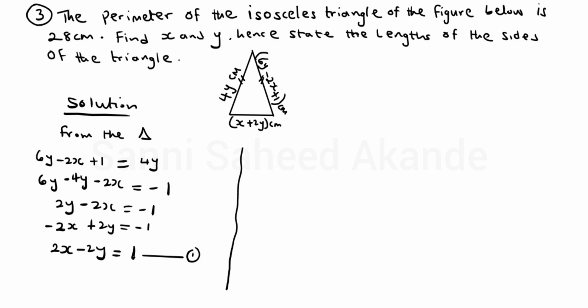And that is what we are going to make use of right away to get the second equation. So let's add all these sides together. So we have side x plus 2y plus side 6y minus 2x plus 1, then plus 4y equal to 28.